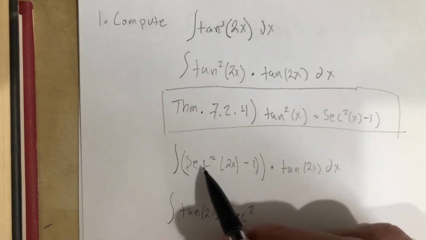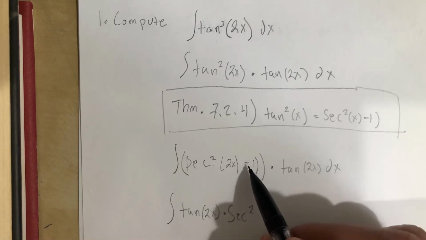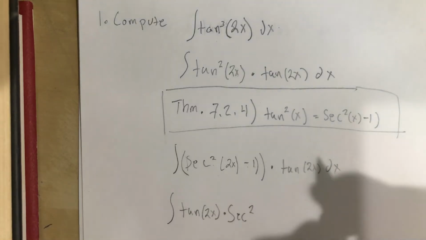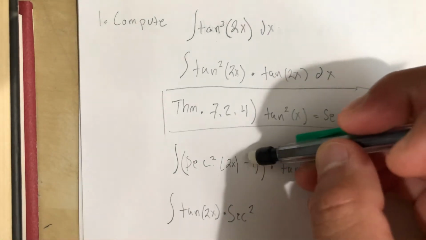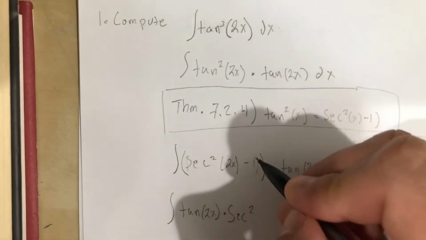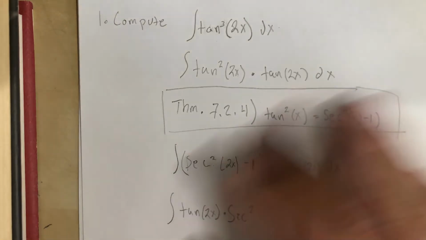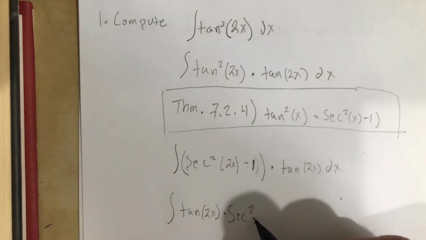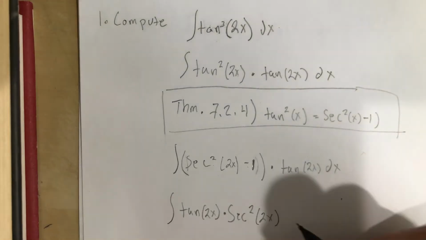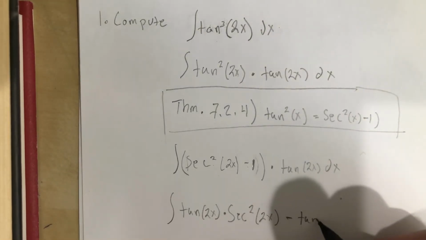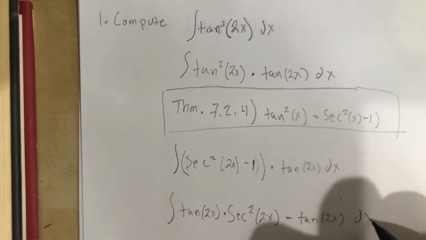So it's secant squared 2x minus 1. Okay, moving along. Secant squared 2x minus tangent 2x dx.